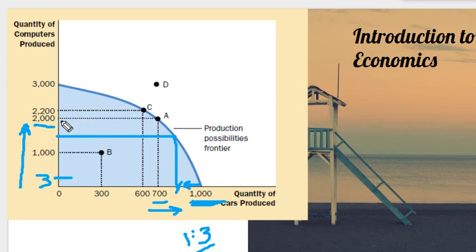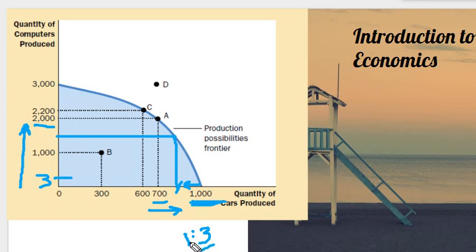If you let go of 300 cars, you can manufacture 2,000. So what is the ratio then? The ratio is 2,000 to 700, which is something like 20:7, which is an odd figure, but it's definitely not 1:3. It's less than that.